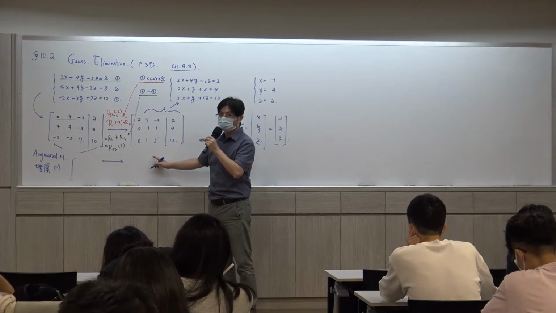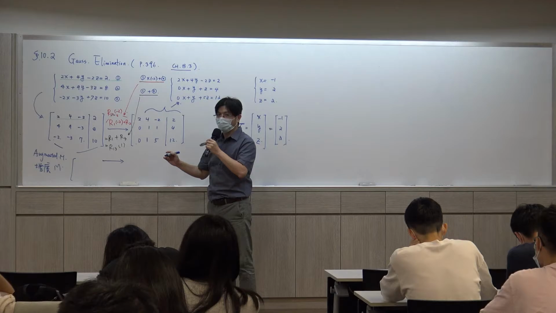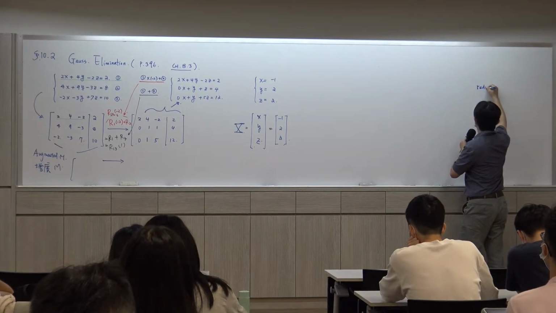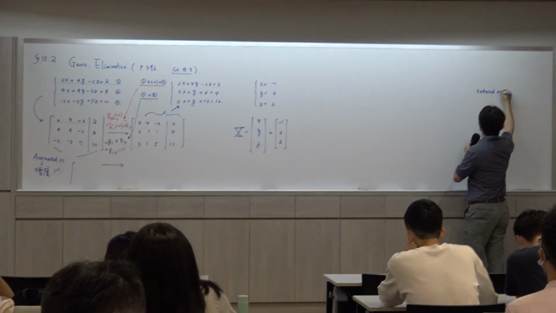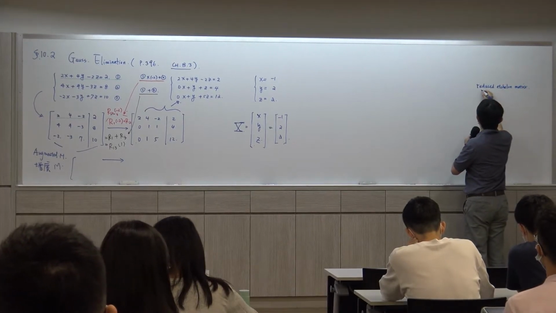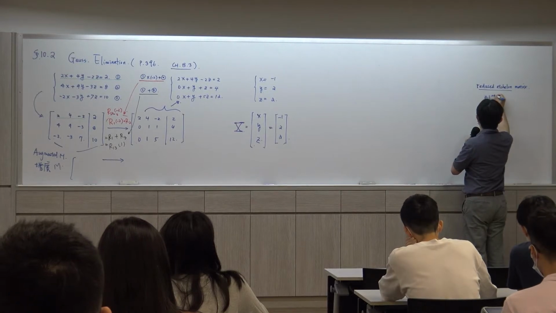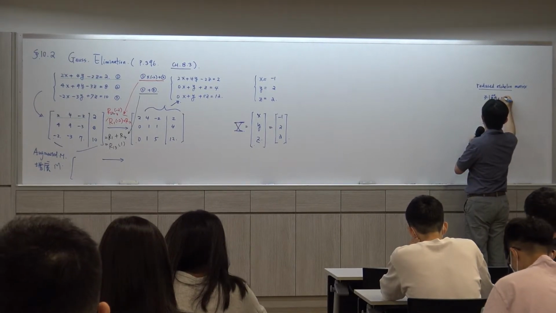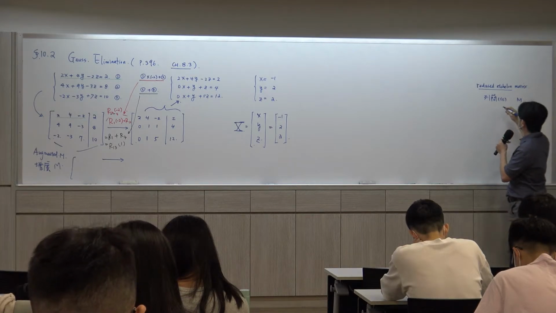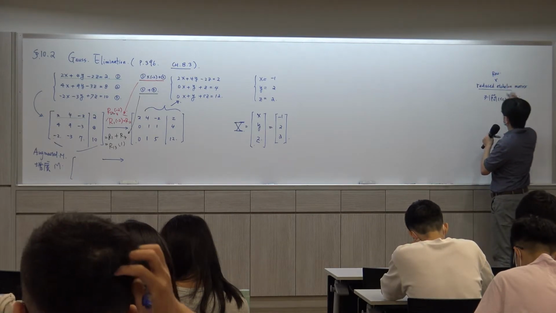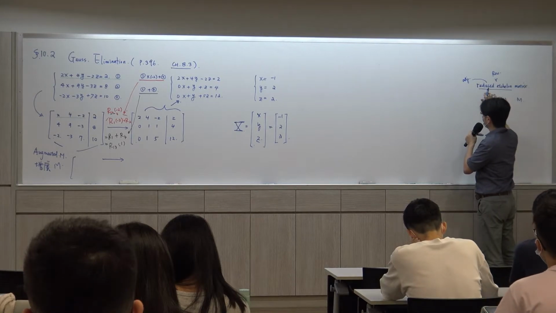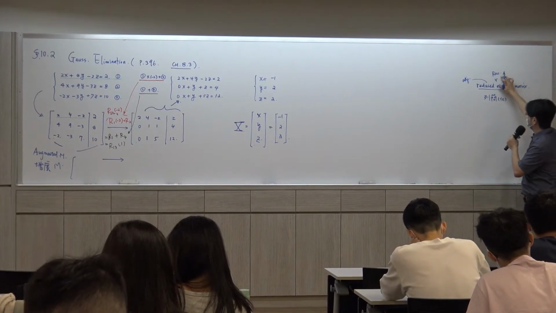The purpose why we do this is because we want to get the reduced echelon matrix, 阶梯矩阵. This term reduced is an adjective, 形容词.